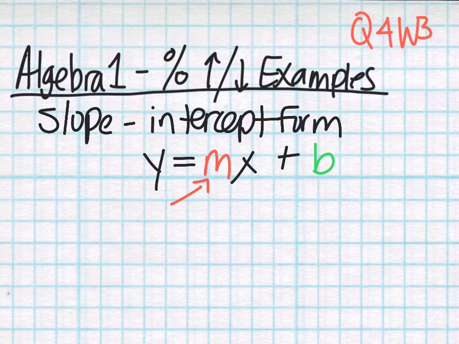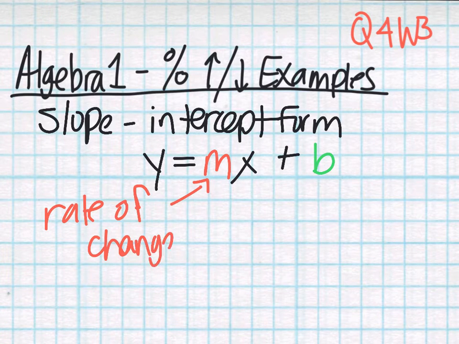So m is our rate of change. For percent increase or decrease problems, this is where our percent goes. And we're always going to write this in decimal form when we put it into an equation.